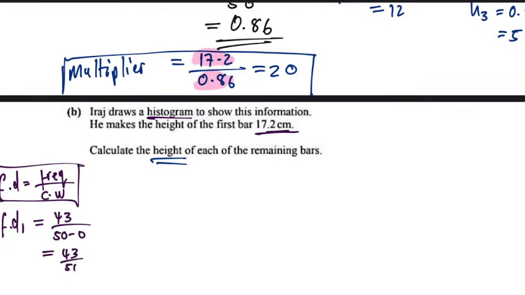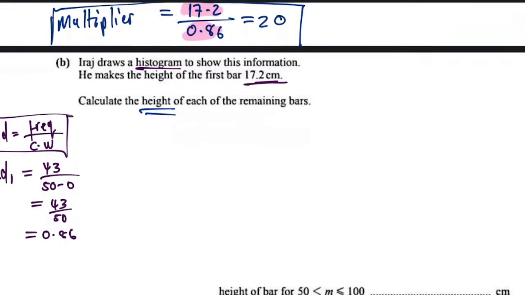And we found the multiplier, the one which converts frequency density to height, by taking 17.2 divided by our answer 0.86, and we got 20.